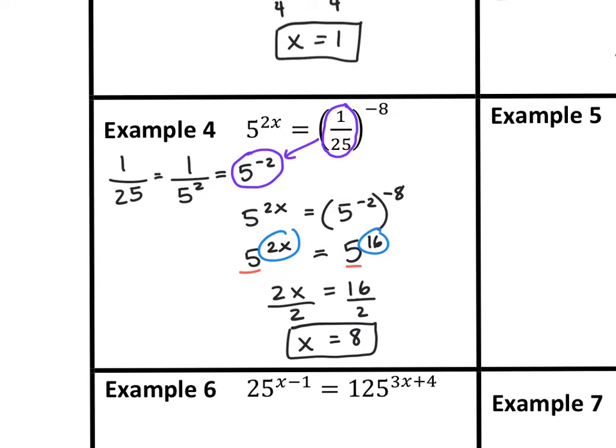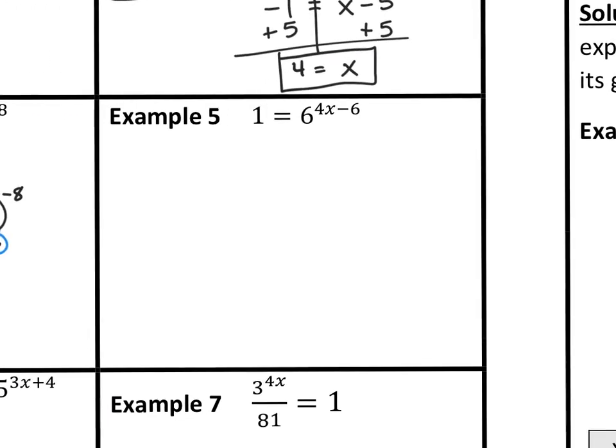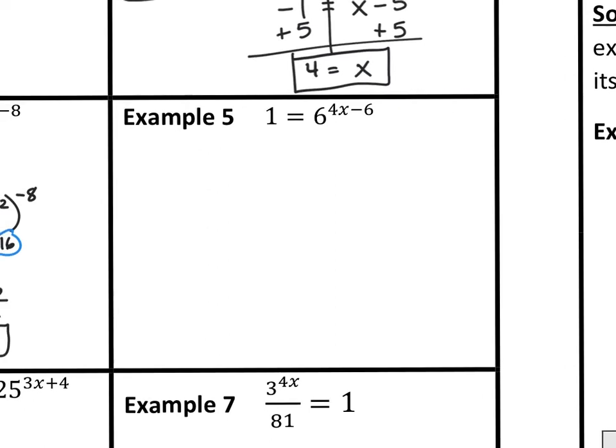All right. Let's move on to example 5. Now, this is kind of like a trick question, but what we notice is that one side usually has a base of interest. In this case, the base is 6.